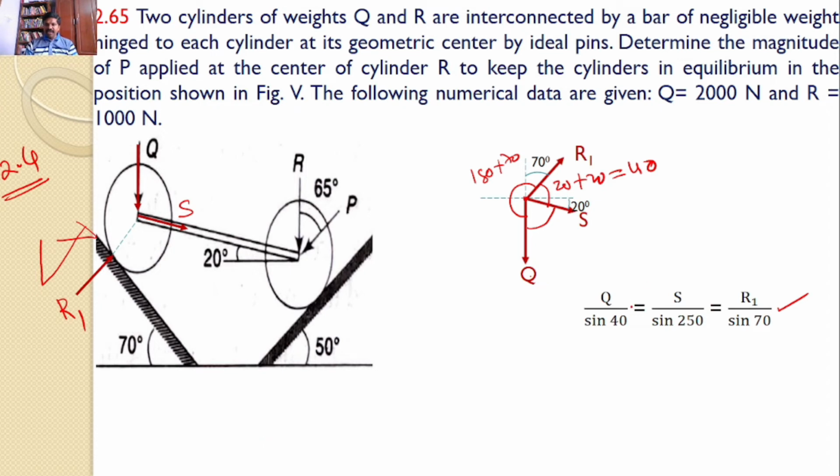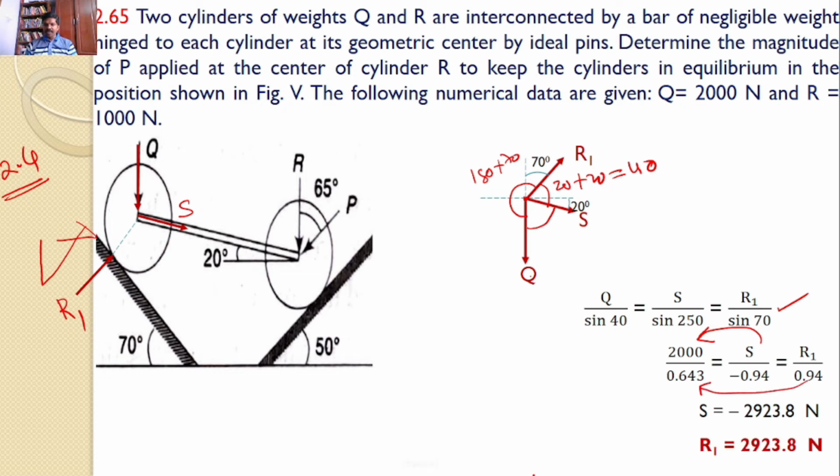Now Q value is given, so I can substitute. Q value is 2000 divided by sine 40, which is 0.643; S divided by minus 0.94 and R1 divided by 0.94. Hence I can find the value of S, that is minus 2923.8 newtons, and the value of R1, that is 2923.8 newtons. This is one of the answers for the given problem.